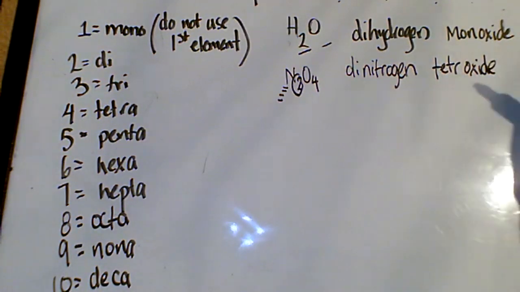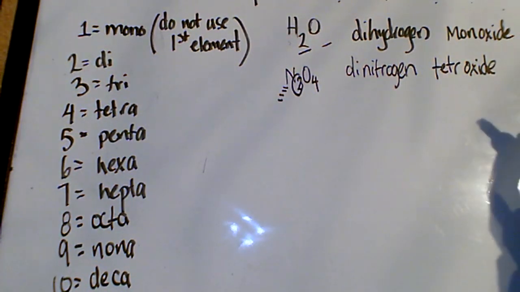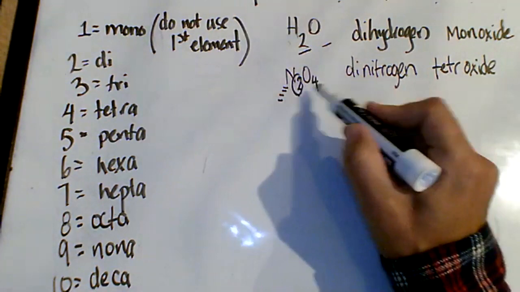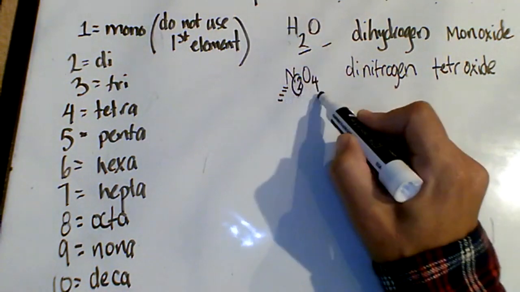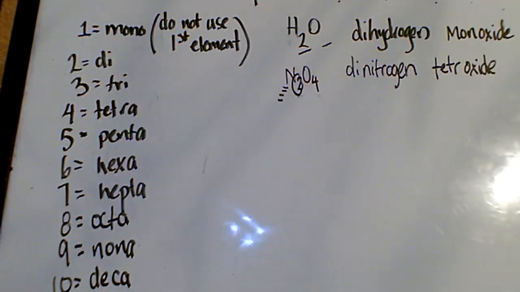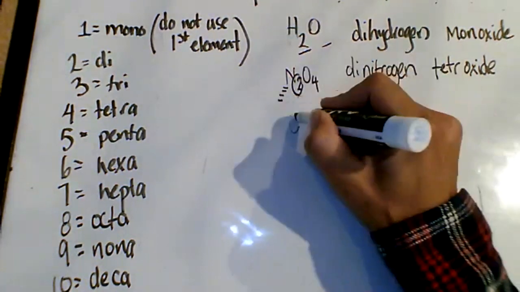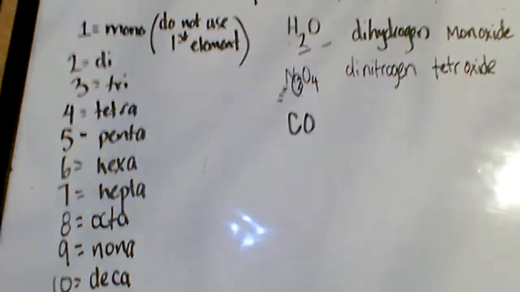If you write tetraoxide, no one's going to care. Okay, it's not going to be a big deal. Notice they're not simplified. You do not simplify the subscripts in this type of compound. All right. It's really that simple.